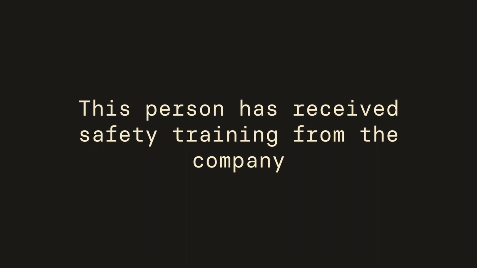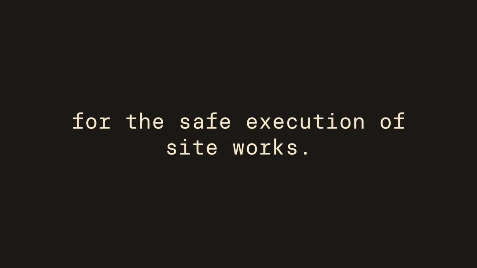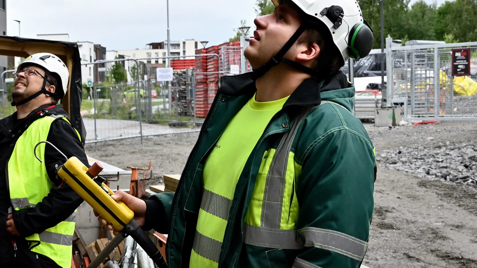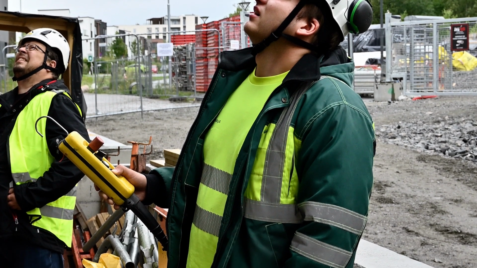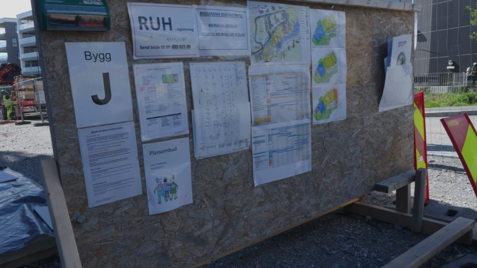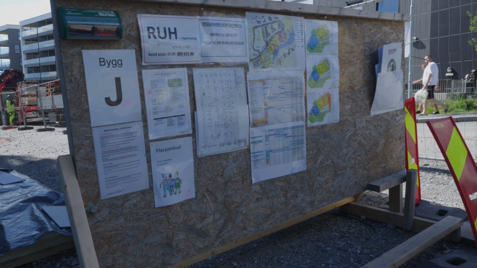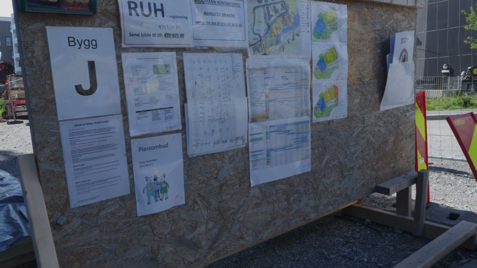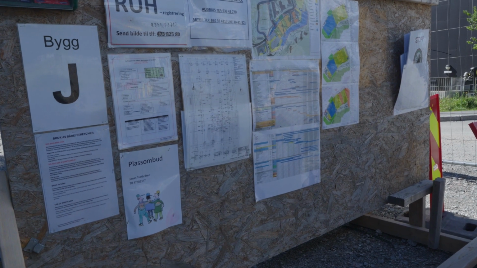This person has received safety training from the company for the safe execution of site works. The safety coordinator, typically the construction project manager, is responsible for complying with safety requirements on the construction site. All necessary information is available on the site's information board to ensure that information related to work duties is visible and accessible to workers.